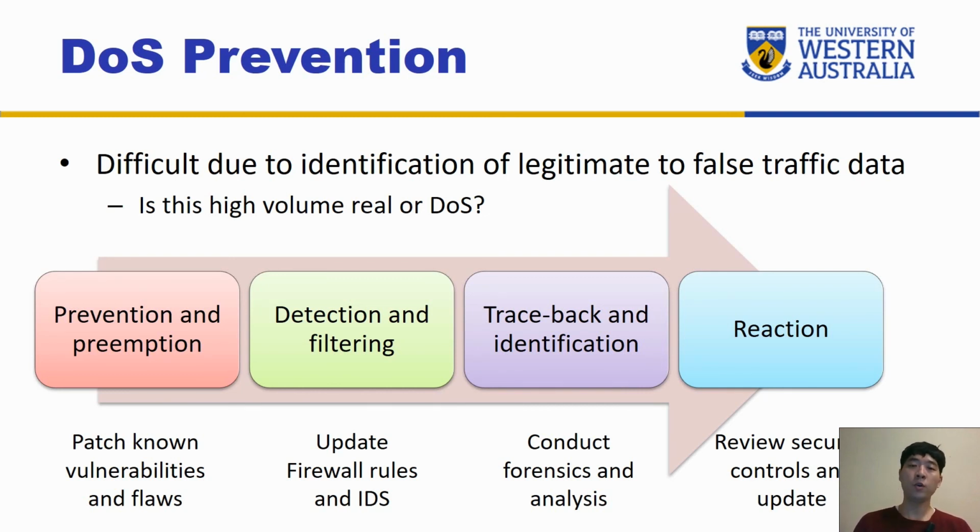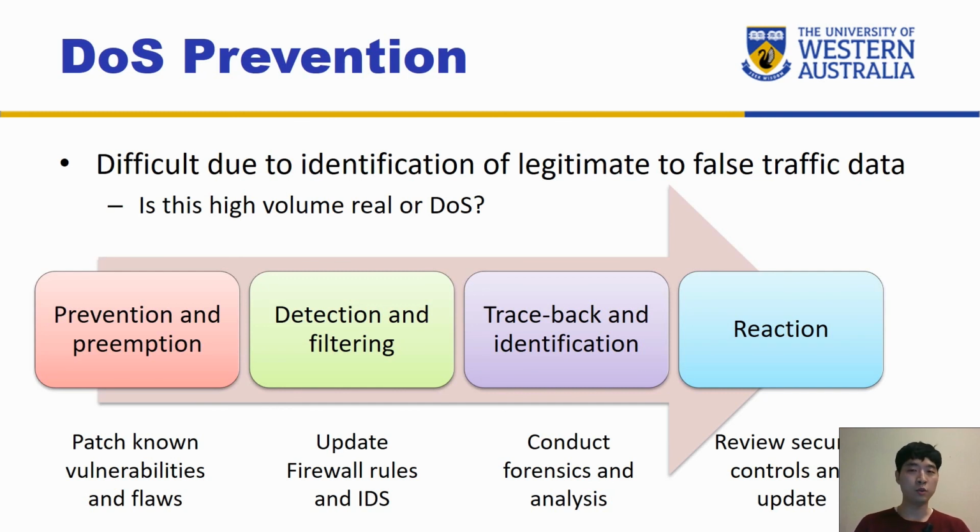So how do we really differentiate denial of service? There are 4 steps that you should take into consideration. First one is prevention and preemption. Basically, we want to get rid of all the vulnerabilities as much as possible, things like patching known vulnerabilities and flaws. The next step is detection and filtering. This involves firewall rules and intrusion detection systems.